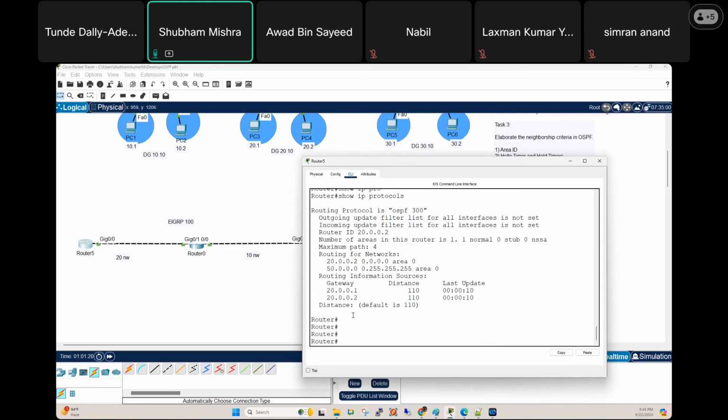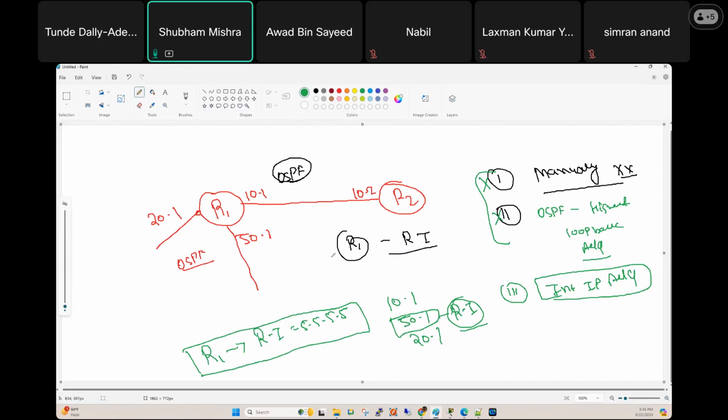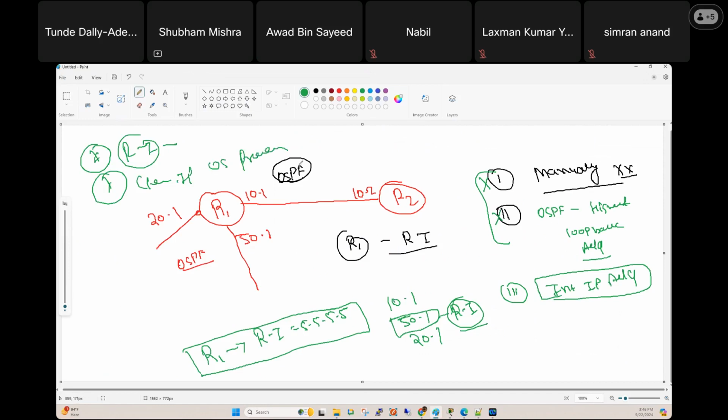But please remember one thing. When you change the router ID, again I am telling you, after that you have to write one command here: clear IP OSPF process. When you write the clear IP OSPF process, what you are doing?